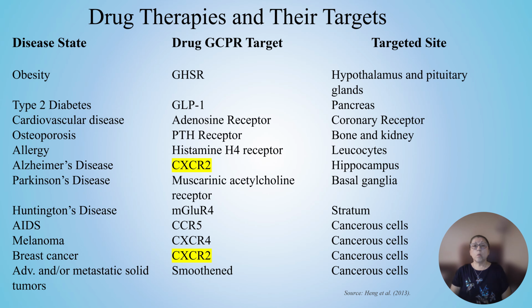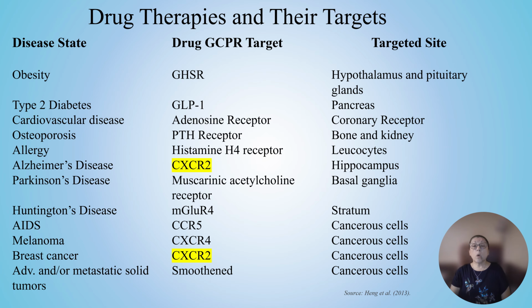In this slide, we will review examples of drug therapies and their GPCR targets. The chart shows the disease state, the drug that is related to the GPCR target, and the main site where that target is active.